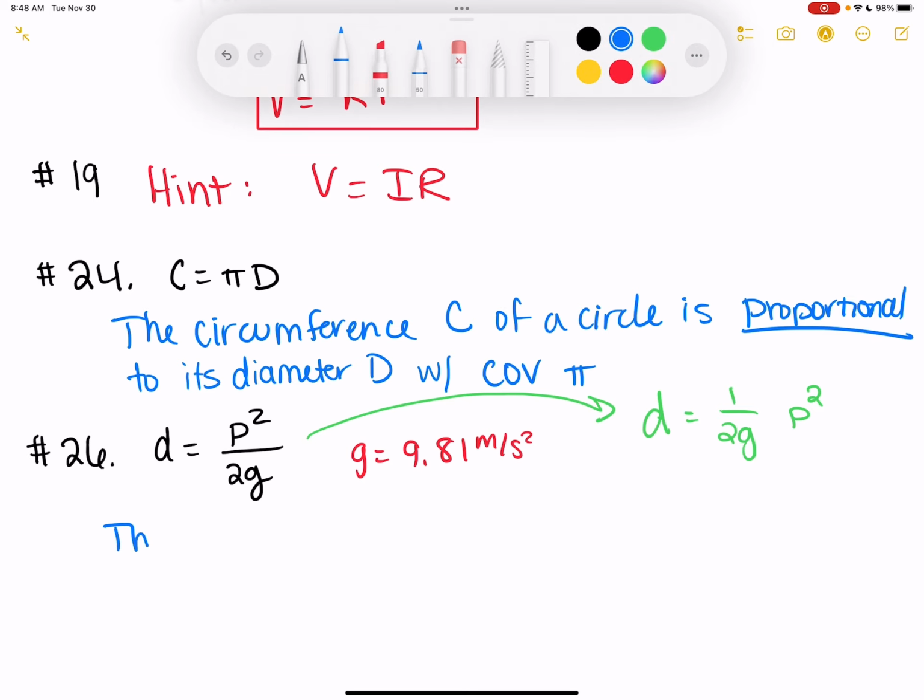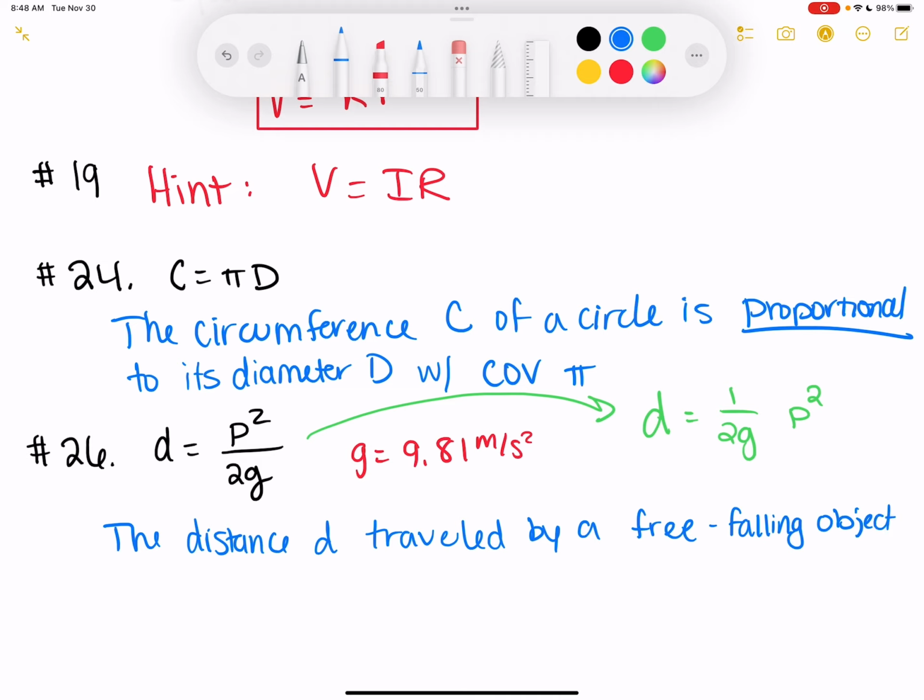The distance D traveled by a free-falling object. Where did we get free falling from? It told you that, it's what D is. I'm just making sure we don't have to memorize it. Dropped from rest.